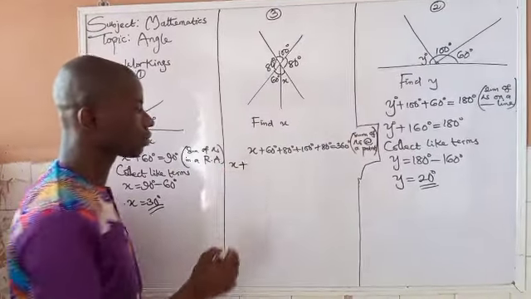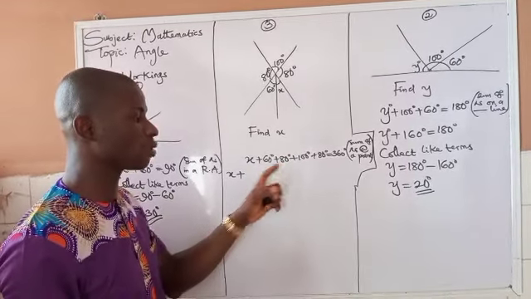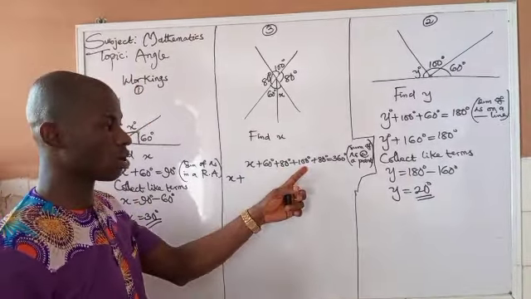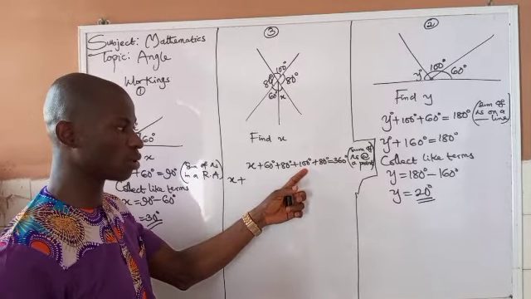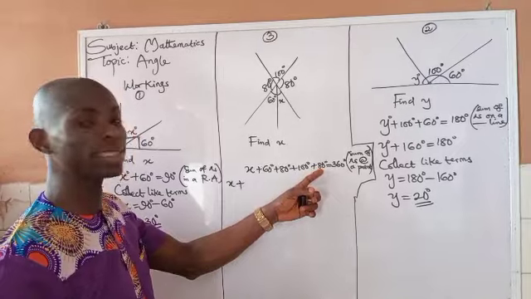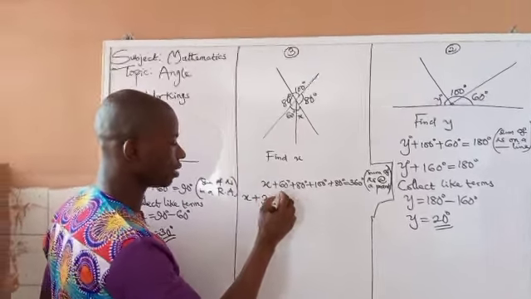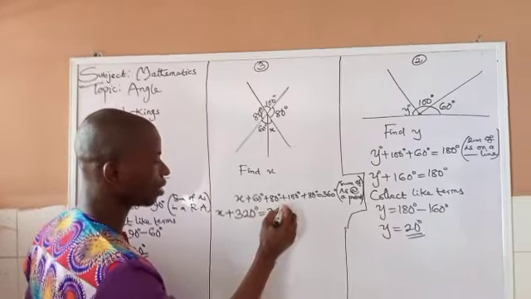Then plus 60 plus 80, that's 140. 140 plus 100, that is 240. So now 240 plus 80, that is 320. So we have 320 degrees equals 360 degrees.